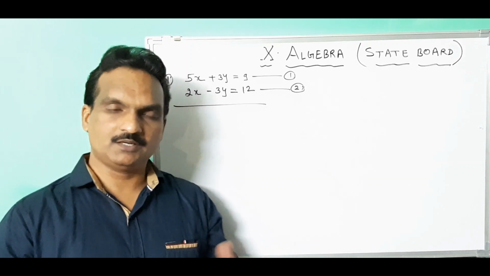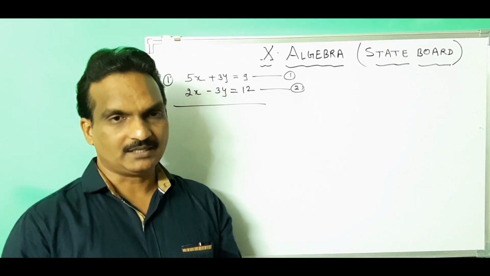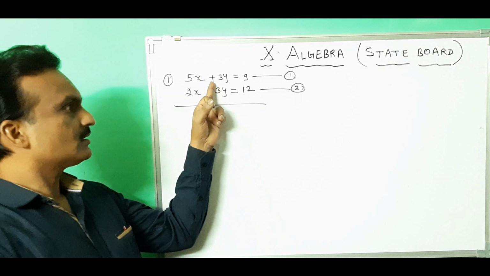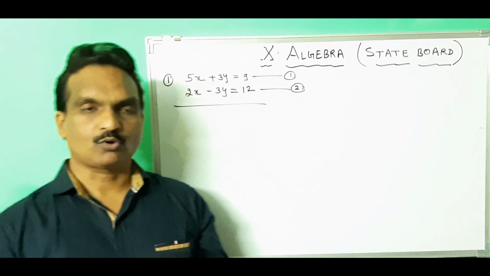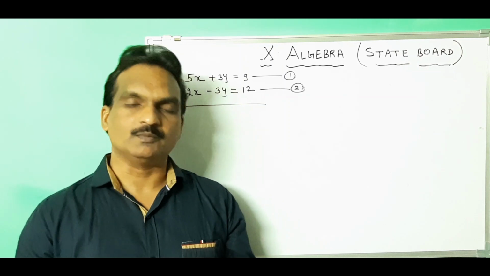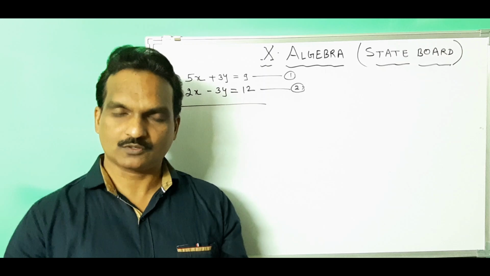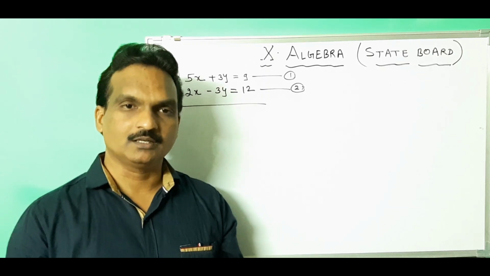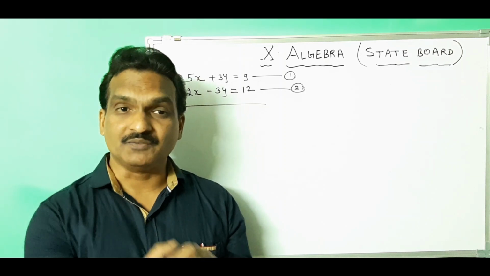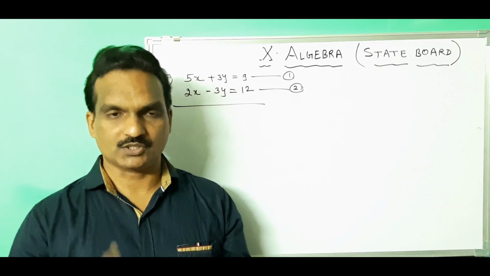So when signs are different, you will add those two equations. That means coefficients are the same but signs are different, that time you will add those two equations. Understood this concept? Again I am repeating, when coefficients are the same and signs are different, that time we will add the two equations.